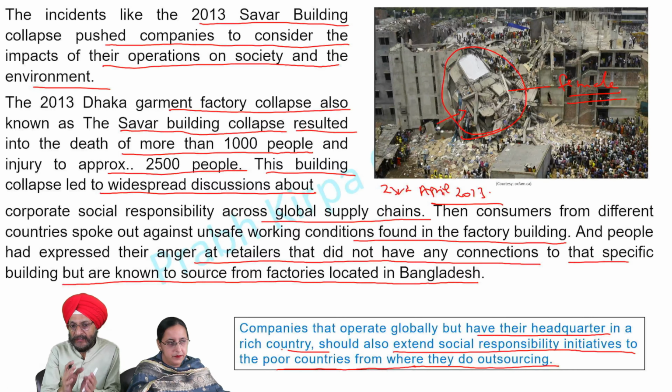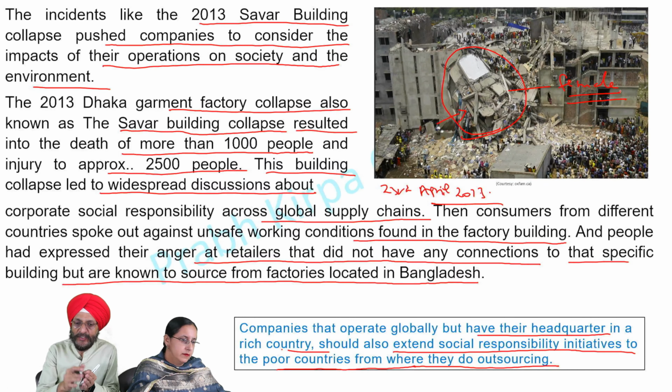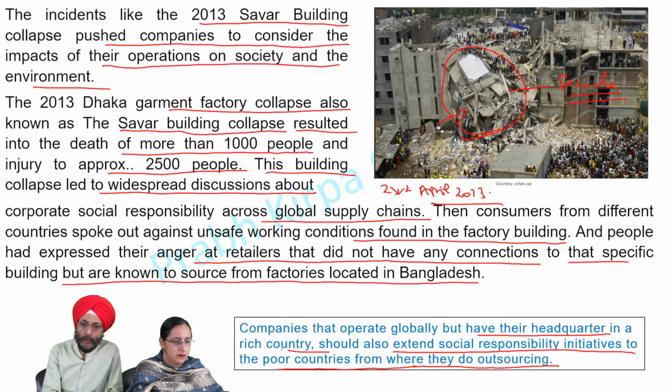When the management asked them not to come up and to leave the factories as there were cracks, then on the same day, the owner of the building stated that the building is safe and asked the employees to come up for working on the next working day.